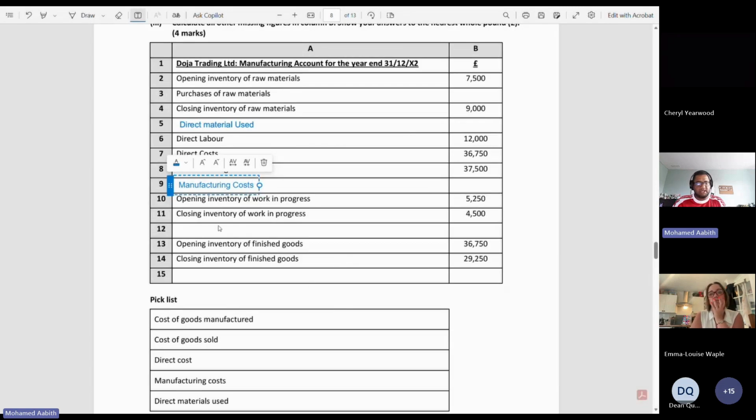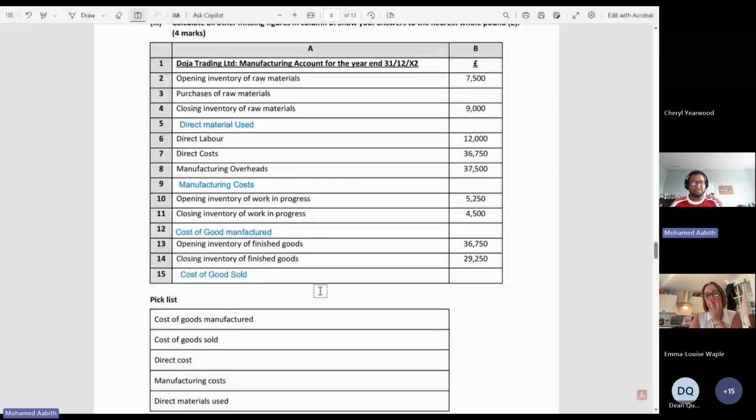And then here this is going to be cost of goods manufactured. And the last one is cost of goods sold.